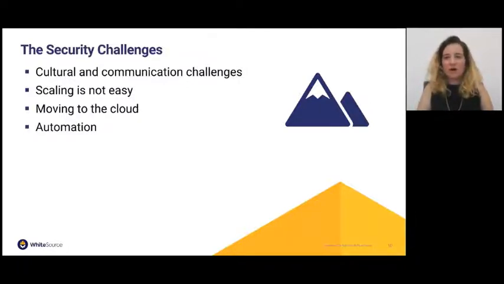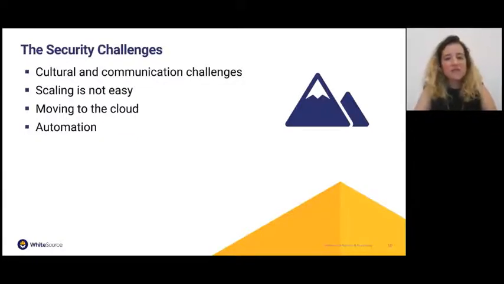Not only because they're different teams, but also because they are responsible for different things within the organization. So we have to bridge that gap and define one goal that they will all aim for, other than having different teams.